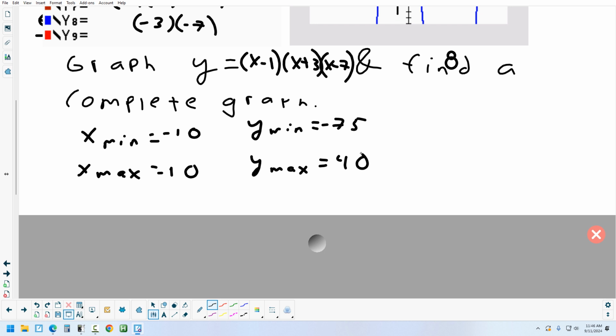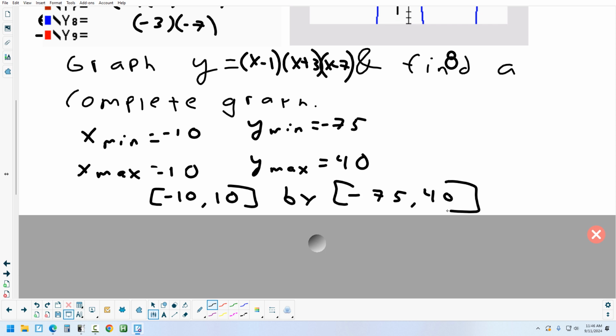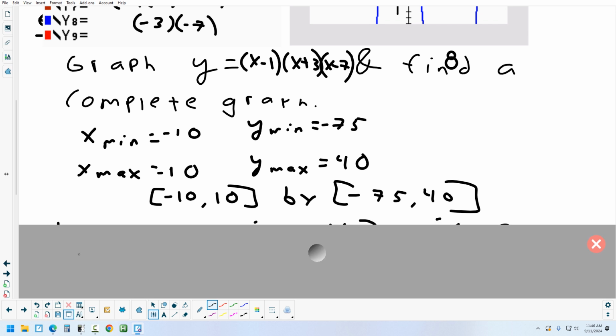Or, if you don't want to write down x min, x max, those words, you can write it like this. That's exactly the same thing. The first two numbers that you give me are always for the x's, and it's minimum, comma, maximum.